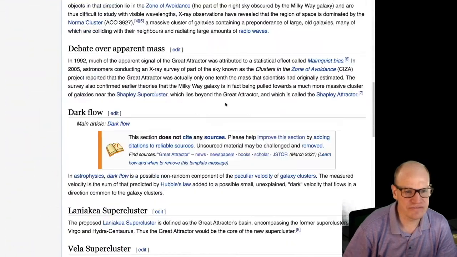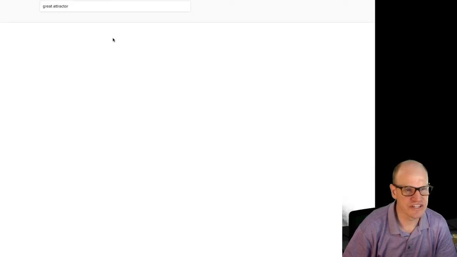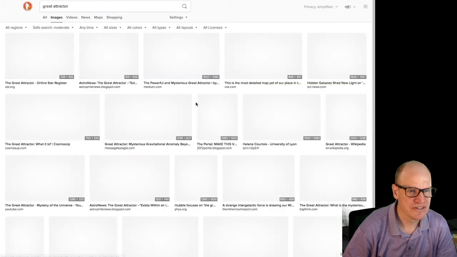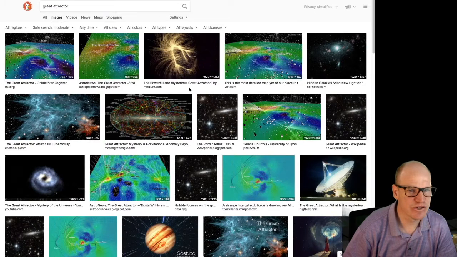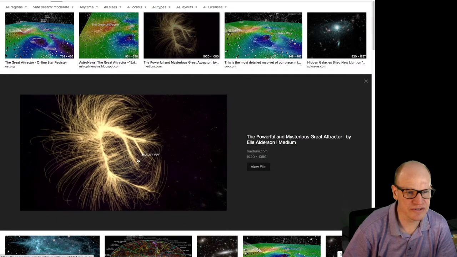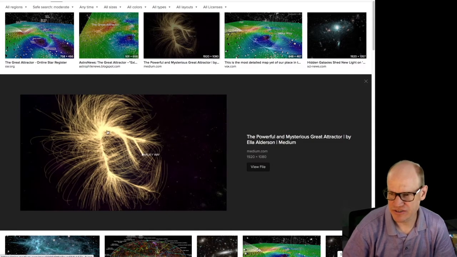All right, so let's see if I can find the velocity distribution of galaxies. As long as we're taking a tangent briefly from the Michelson-Morley experiment, I might as well try to pull up the velocity. Here we go. So this is showing the motion of the Milky Way galaxy and other galaxies in the direction of the Great Attractor.